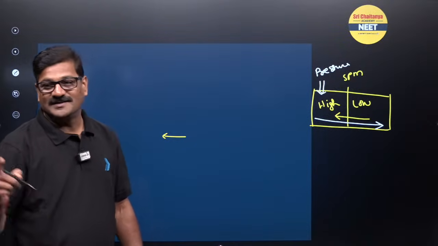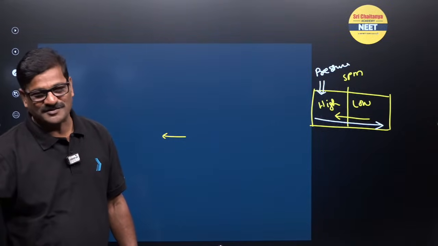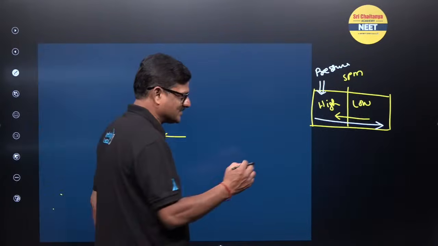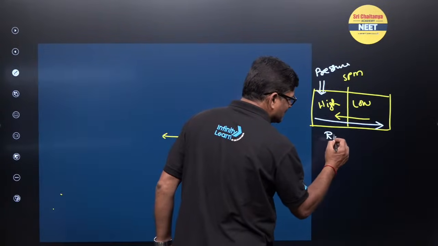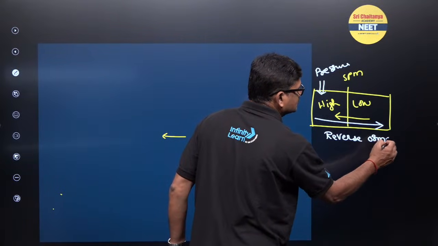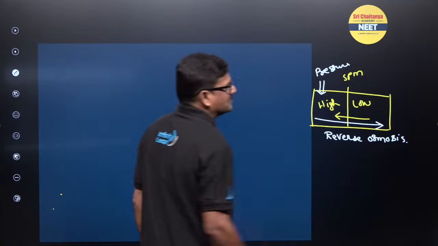This is called reverse osmosis. This is what is called reverse osmosis.